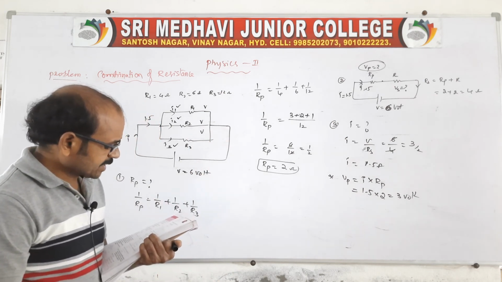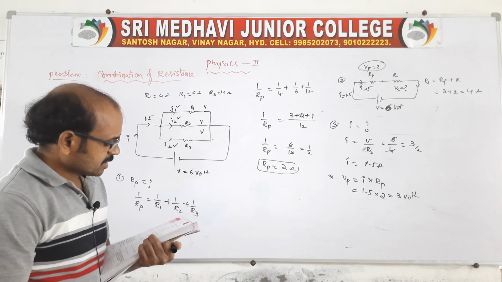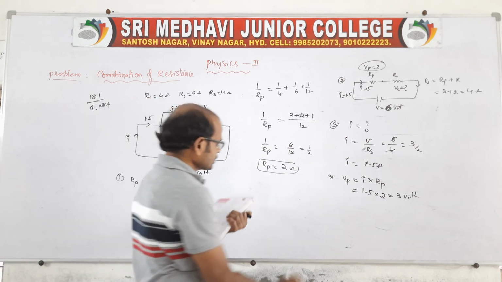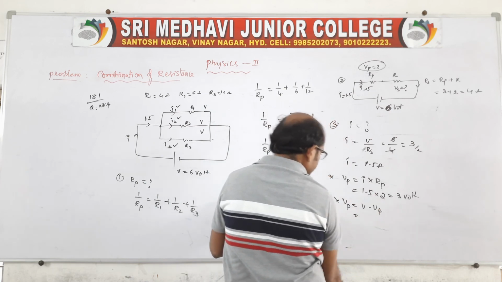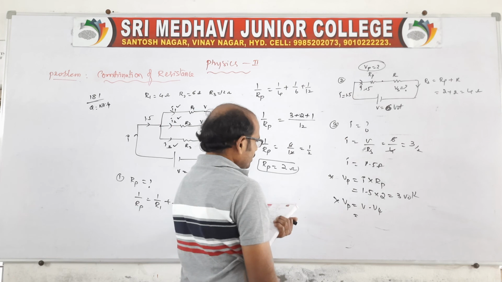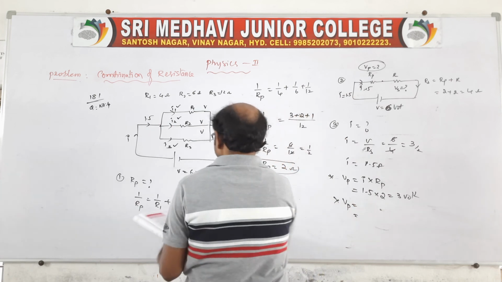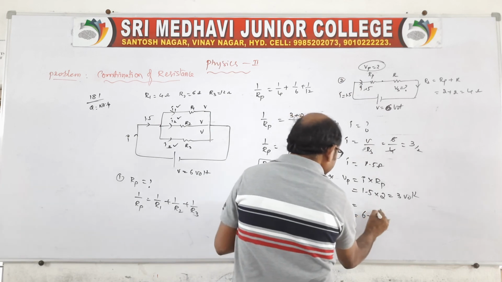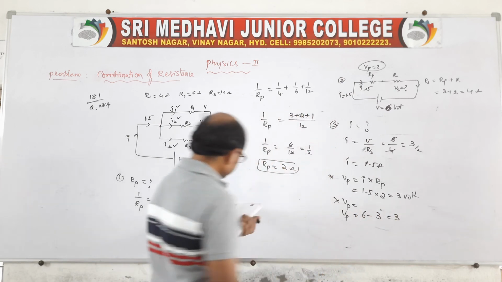By using this we can get the currents. Also, Vp is equal to V minus Vs. V is 6, so just subtract 3 from 6. 6 minus 3 is 3, which is Vp.